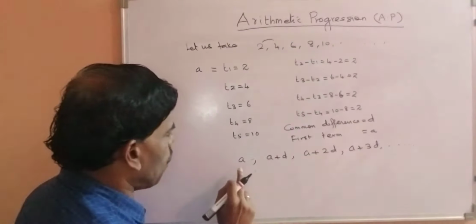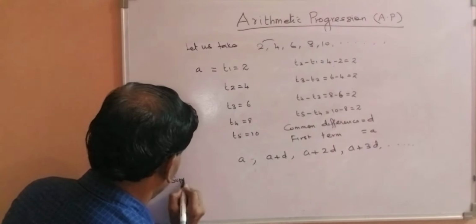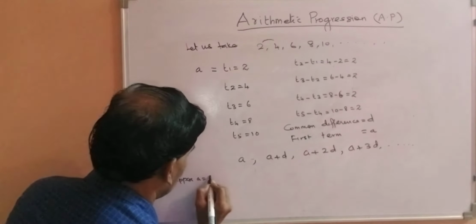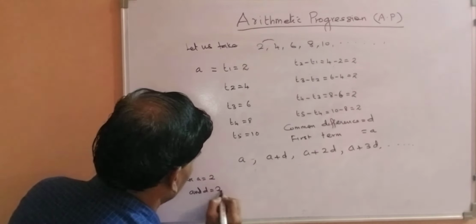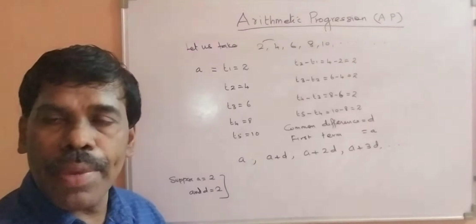Now look at this. Suppose you put A equal to 2 and D is also 2. What will happen?